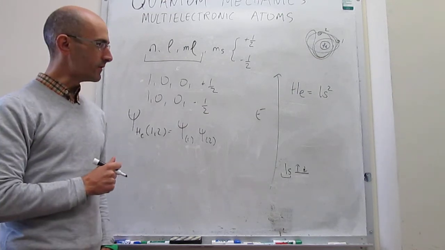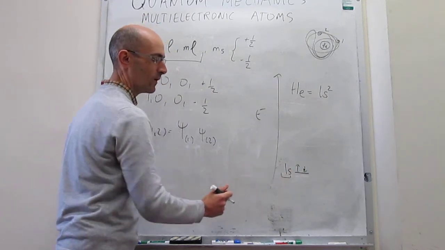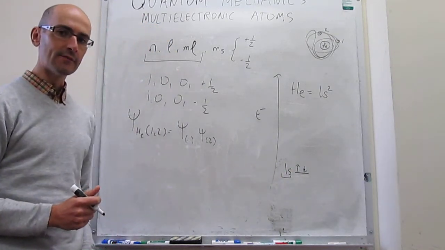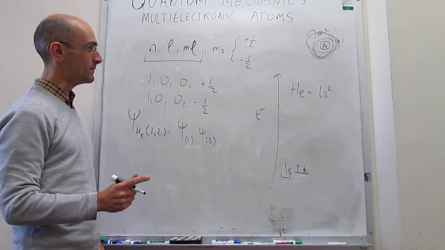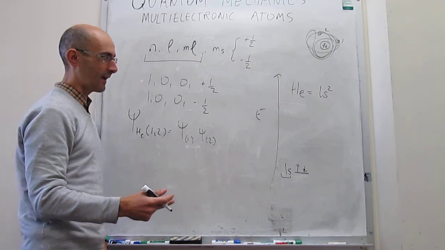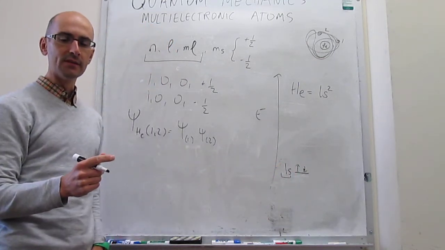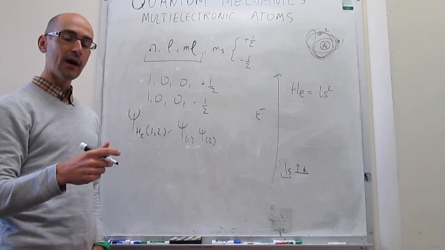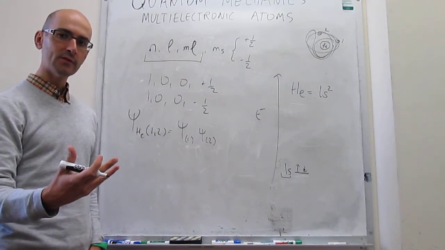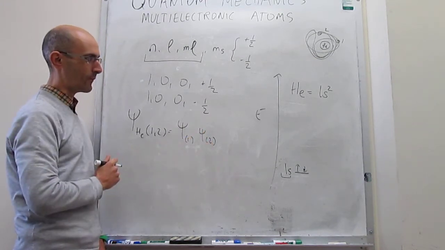The first electron can be described with a wave function which is the same as the 1s orbital in the case of the hydrogen atom. And it has a spin +1/2. The second electron can be described by the same wave function, 1s, but it must have an opposite spin, in this case -1/2. Okay, and the overall electronic wave function then is going to be the product of those 2. That will be what we call the orbital approximation.